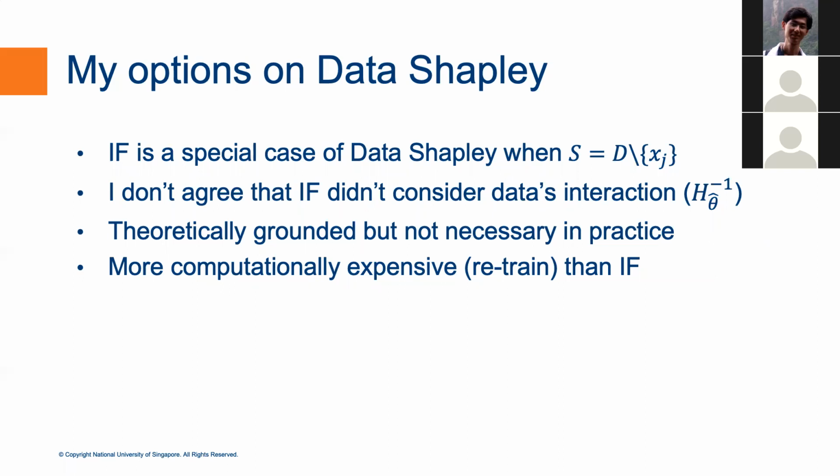So maybe I have another question for you. For the Hessian matrix, it actually calculates the interactions. If we just look into the matrix per se, we just look into the interactions between every pair of parameters. Yes. And how do you build the link between the interactions between the parameters and the interactions between the data?